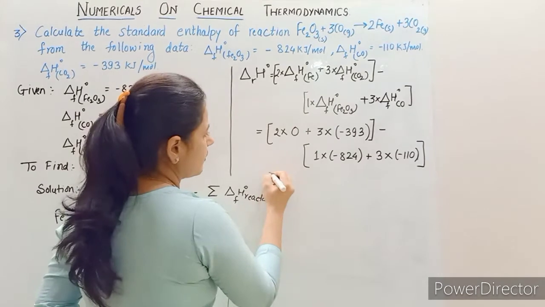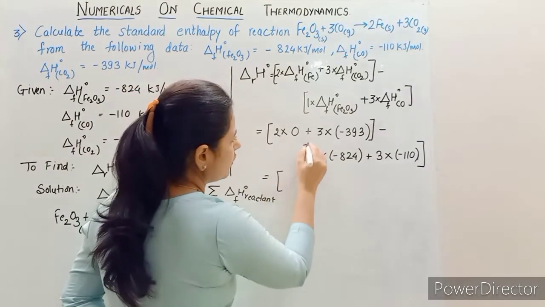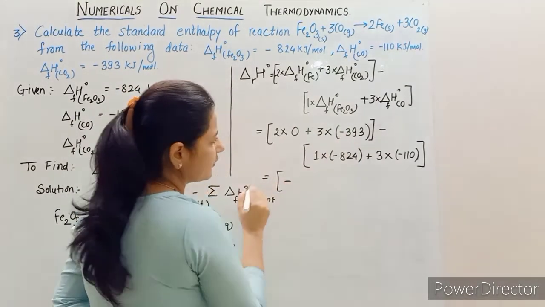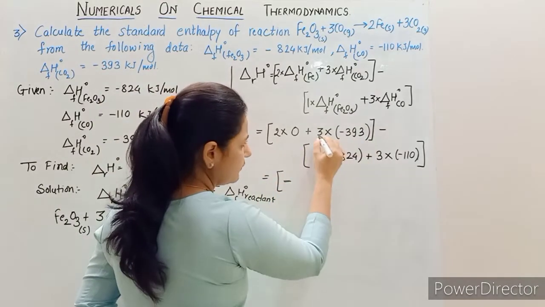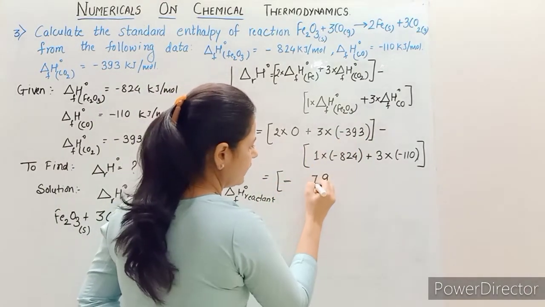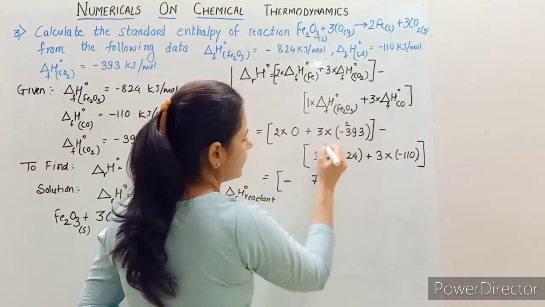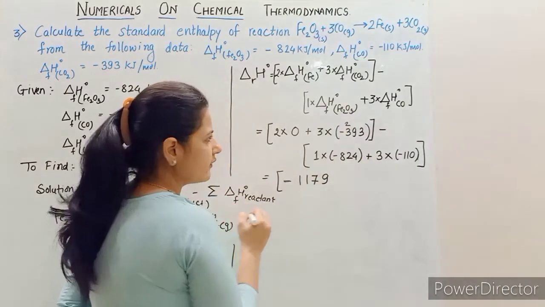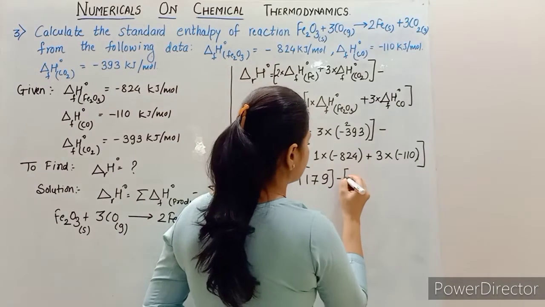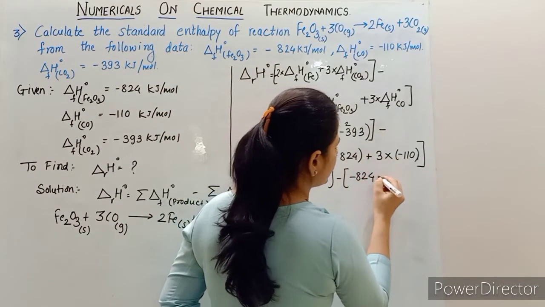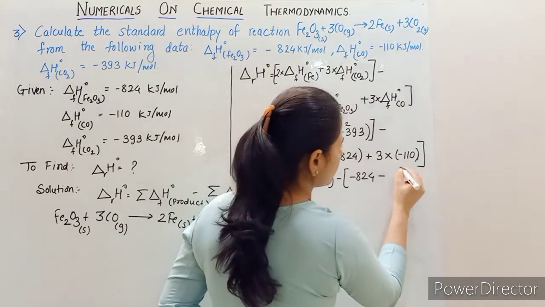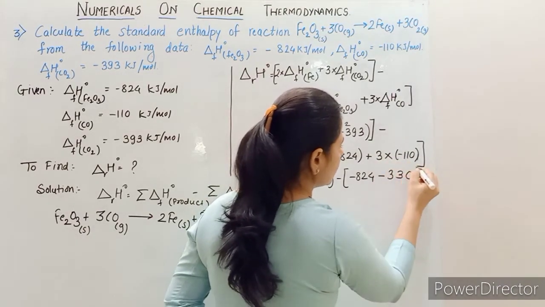So just multiply. 2 into 0 will be 0 and 3 into minus 393. The answer will be negative: 3 3s are 9, 3 9s are 27, carry 2, 3 3s are 9, 11, 1179. Minus this is again minus 824, plus into minus is minus, 3 1s are 3, 3 1s are 3.